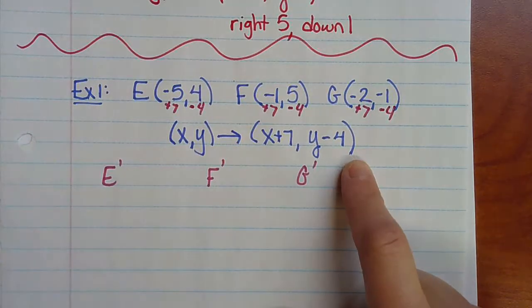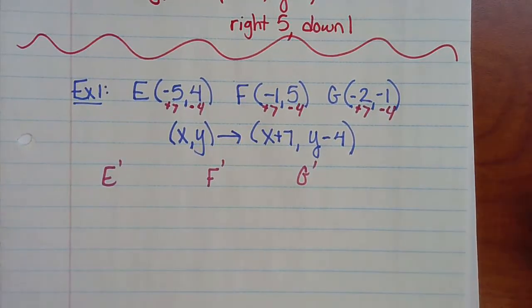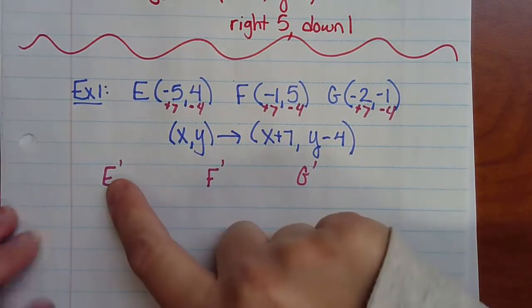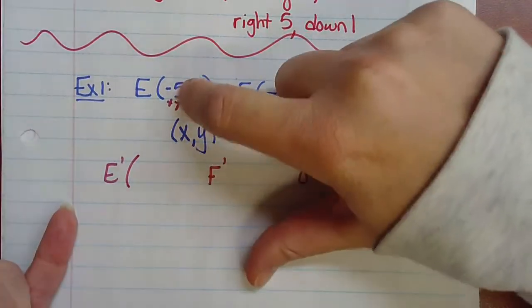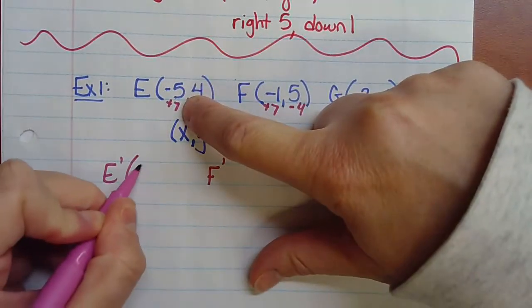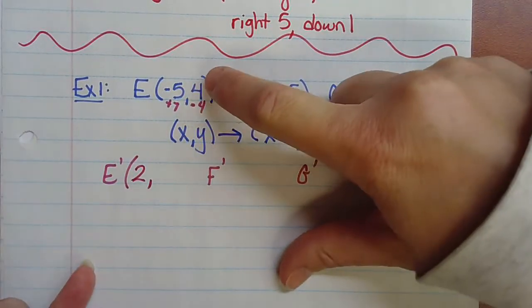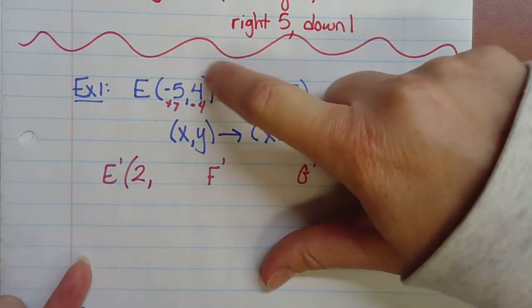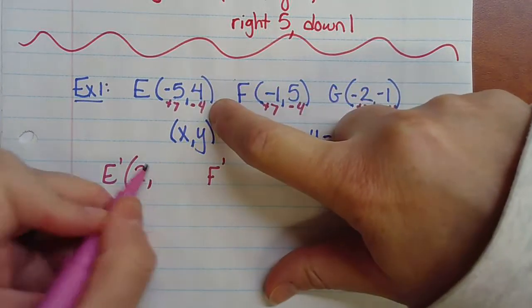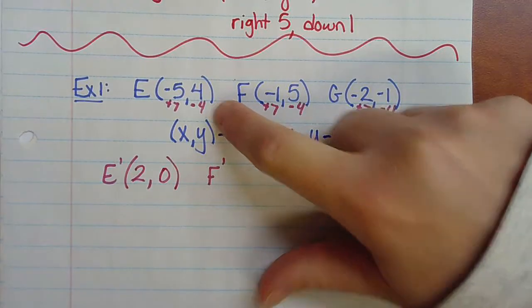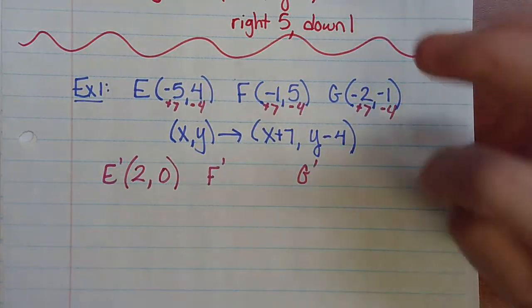And again, if you can add and subtract these numbers, then you're going to be able to get your coordinates. So E prime, if I take negative 5 plus 7, I get 2, and for the Y value, if I take 4 minus 4, I get 0. There's my new coordinate. That's it.